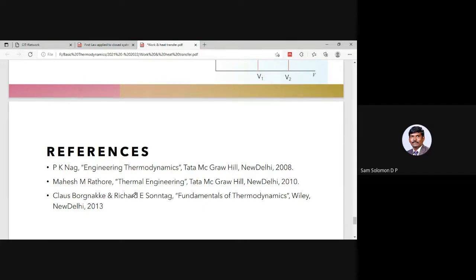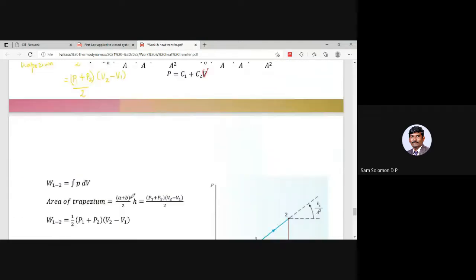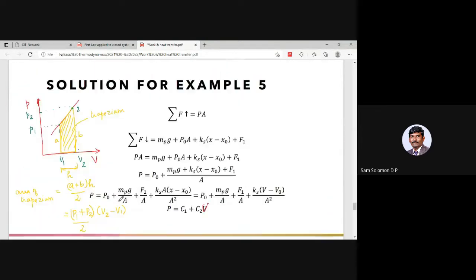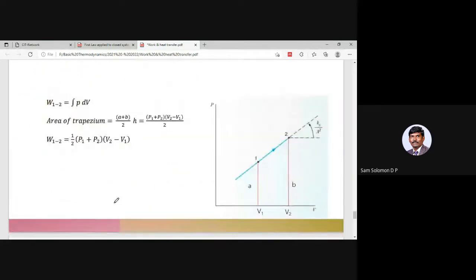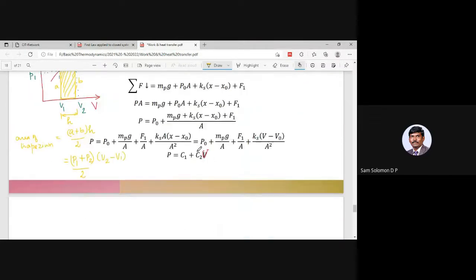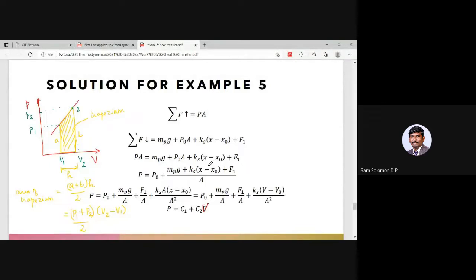You can refer to this textbook for many such standard problems. We are limiting ourselves to some fundamental things, but you can refer to standard problems if you are aiming for competitive exams. Just to give you an idea of how the complexity of the problem can be increased, I thought I could share this with the class.